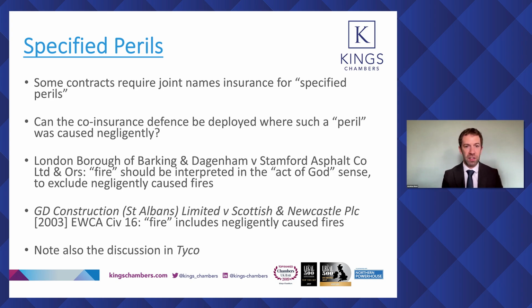The question that has arisen and sometimes does arise is, well, what if these perils are caused negligently? And we saw earlier the decision in Guard Marine, which said, well, it's common practice in some industries for parties to make provision for certain matters to be covered by insurance rather than leading to litigation between them.